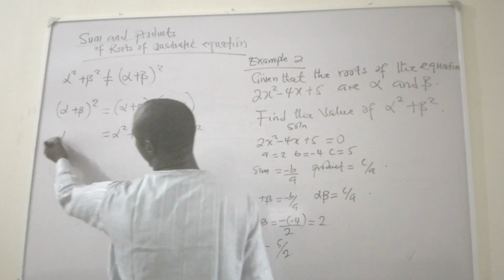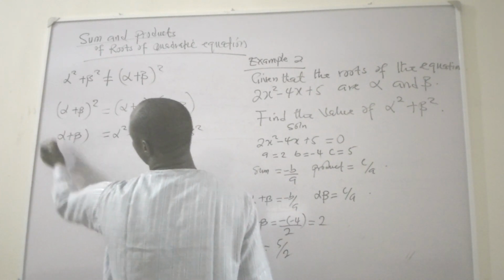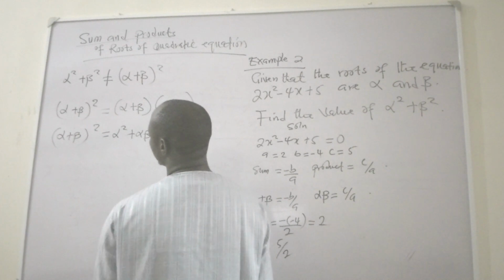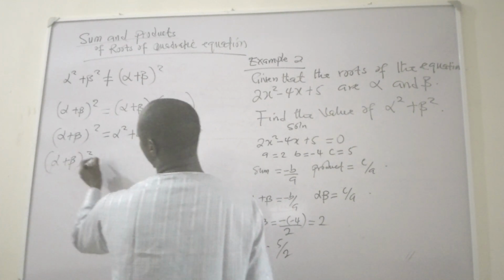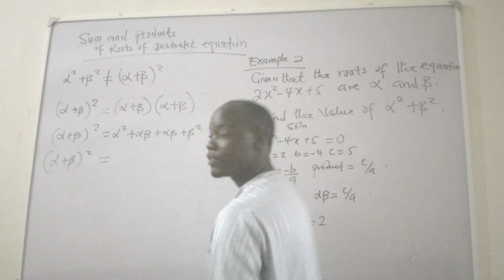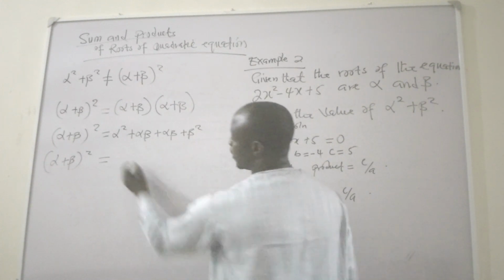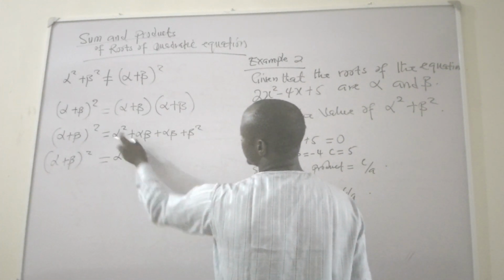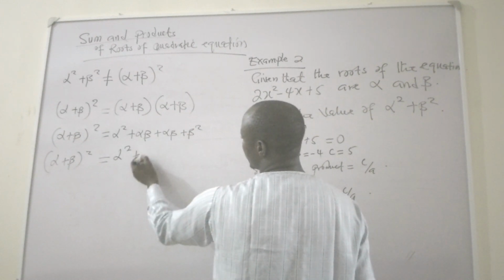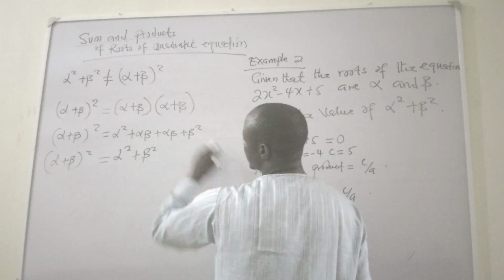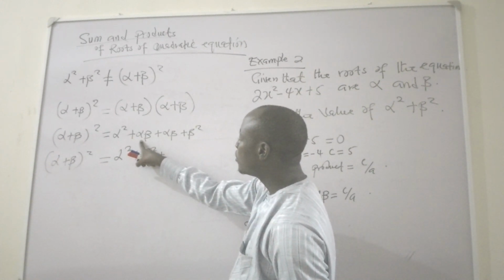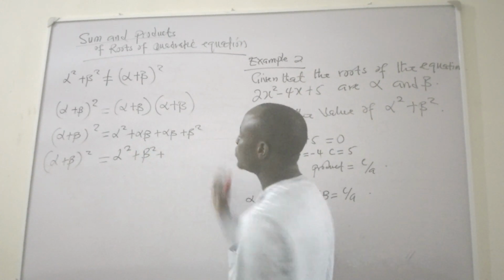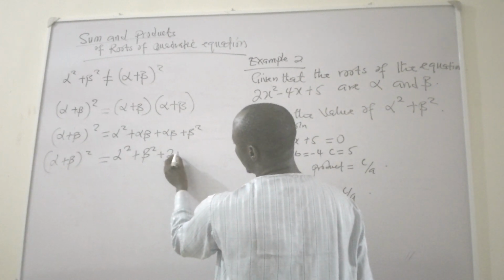So therefore (alpha plus beta) squared is the same as alpha squared plus beta squared plus alpha beta plus alpha beta, so we have 2 alpha beta.